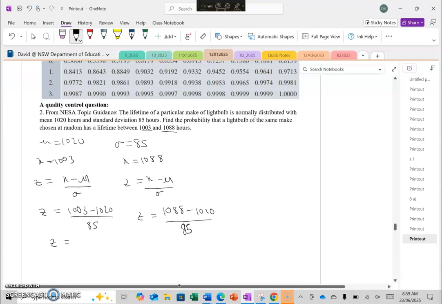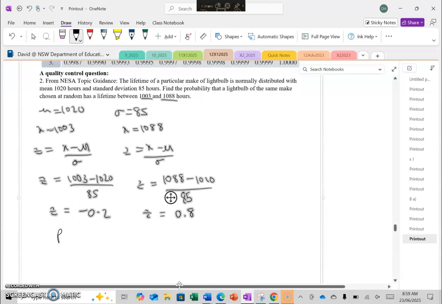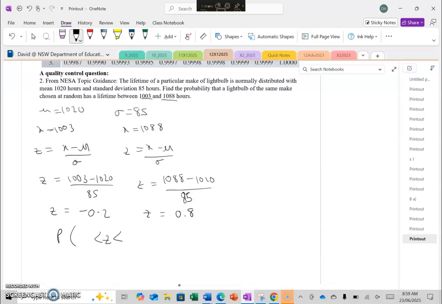You should have got a Z score of negative 0.2 and the other one's Z score of 0.8. So we want to work out the probability of being a Z score between negative 0.2 and 0.8.